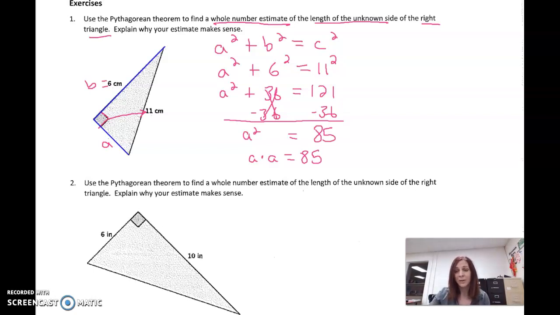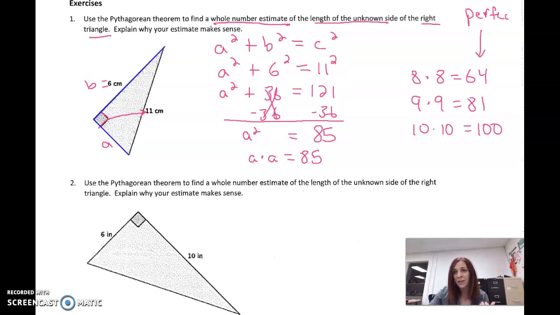Okay, so when I think about it, 8 times 8 equals 64. 9 times 9 equals 81. 10 times 10 equals 100. Okay, now these right here are called perfect squares.